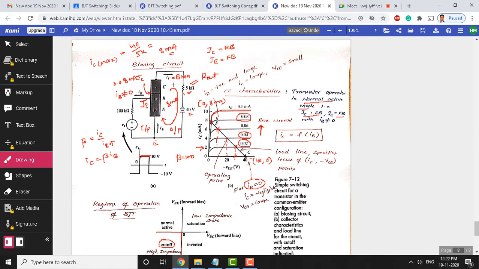But what about the voltage now? When the saturation current of 8 milliampere is flowing in the collector-emitter loop, the voltage here is going to become closely 0. When the collector-emitter voltage becomes 0, the complete 40 volts shifts to the external resistance of 5 kilo ohm. So 8 into 5 becomes 40 volts.